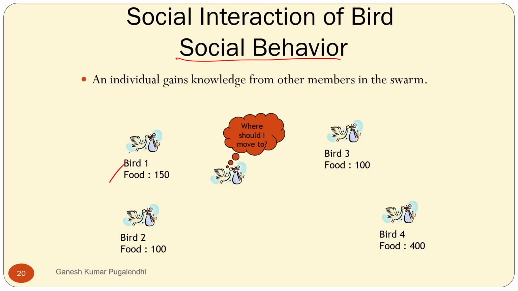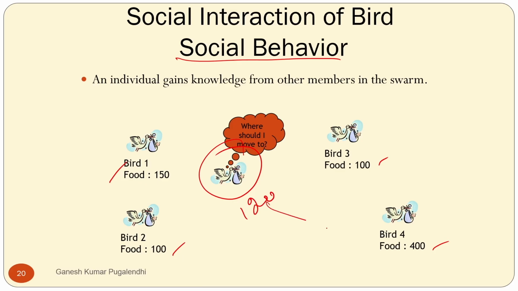And another one, social behavior. Now what is the social behavior? Look, this bird is saying that I have found a food position where the food quantity is 150, my food quantity is 100, my food quantity is 100, my food quantity is 400. Now this bird, even though its individual fitness value may be 120, what position will it take?